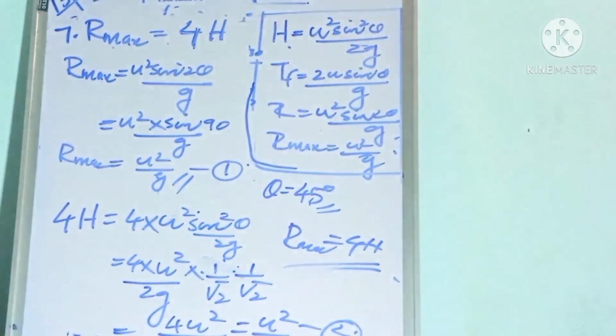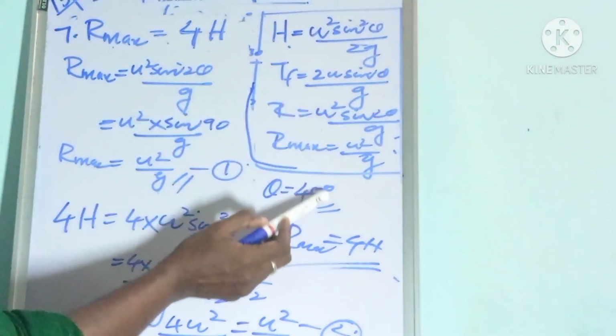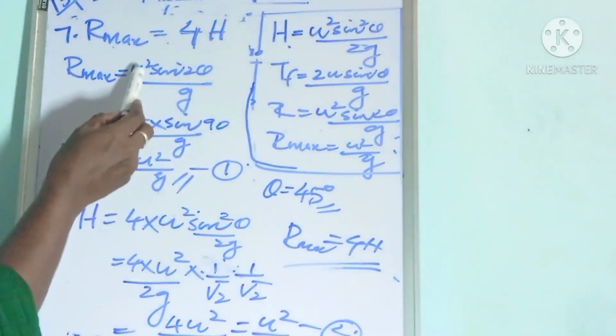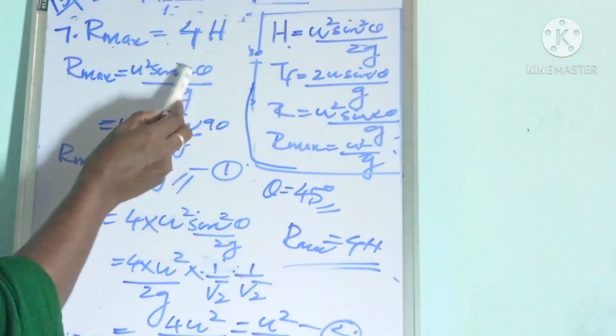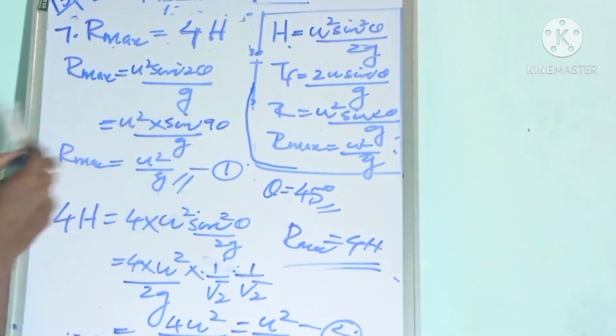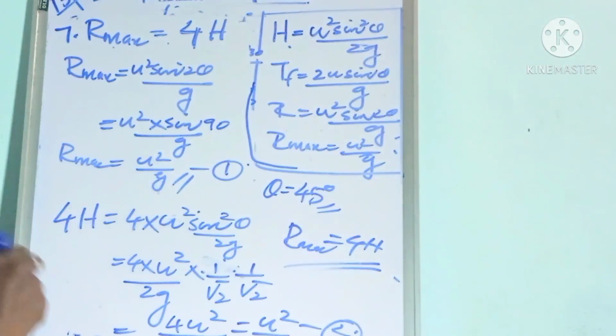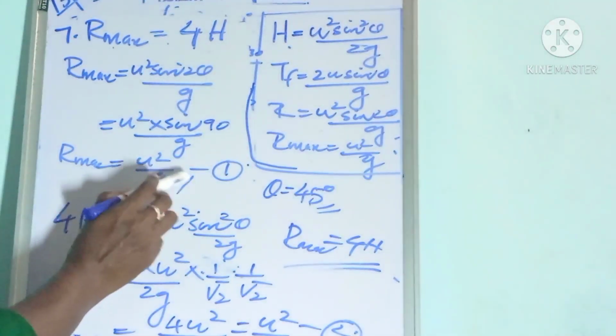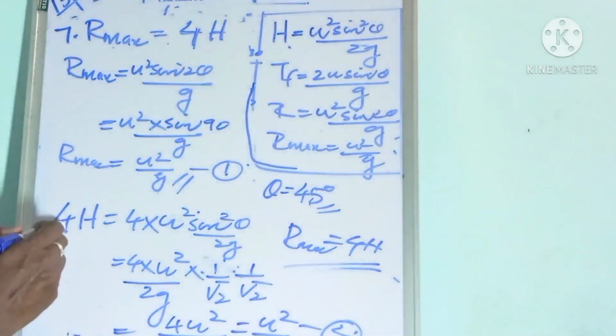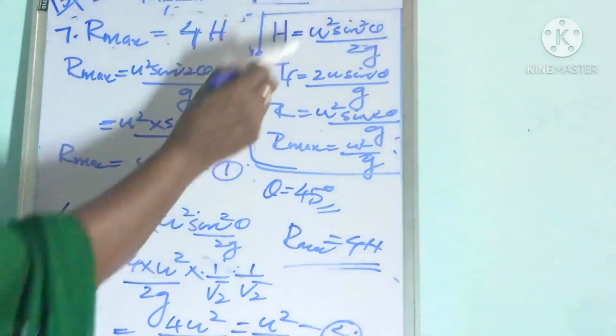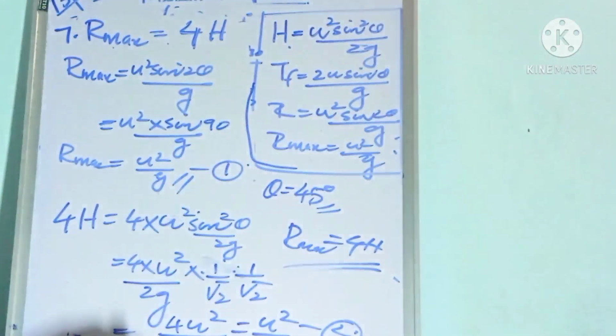R max, the maximum horizontal range, is obtained when it is fired at an angle of 45 degrees. So we substitute u square into sin 2 into 45, that is sin 90, by g. So we got R max as u square by g, equation 1. Next we find 4h. 4 into h is 4 u square sin square theta by 2g.